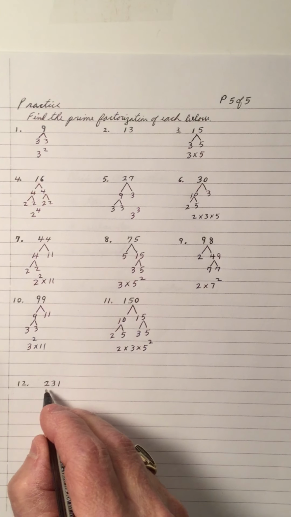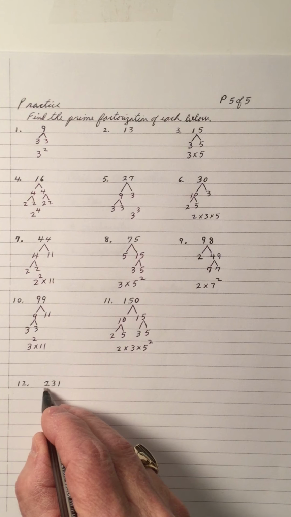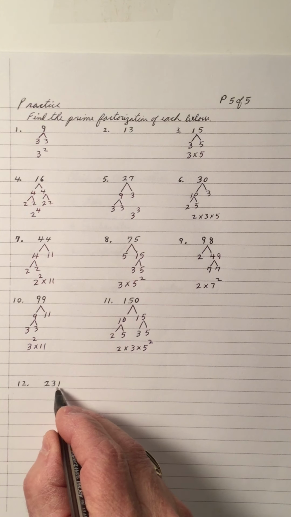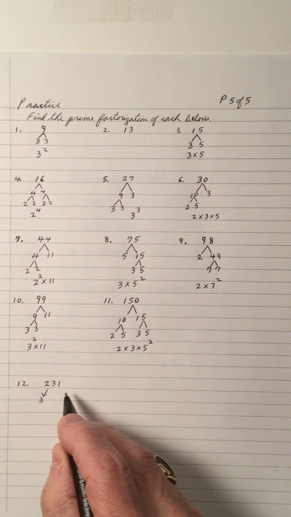And the last one is 231, again, an awkward number. Is it even? No, we can't do 2. The digits add up: 2 plus 3 is 5, plus 1 is 6. 6 is a multiple of 3, so that means 3 is a factor.